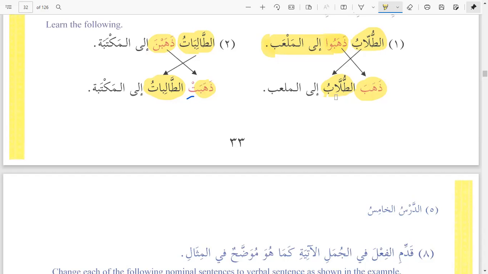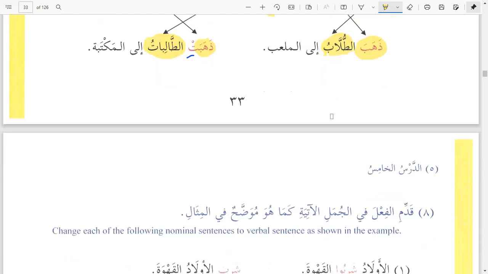If the subject is plural, we will also use zahaba, for the masculine and for the feminine, for the singular and for the plural. For both, we will use zahaba. So this is a difference between the nominal and the verbal sentences.